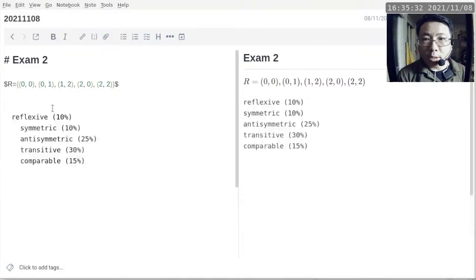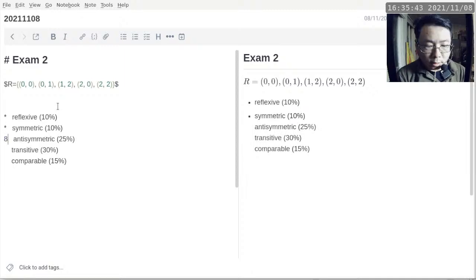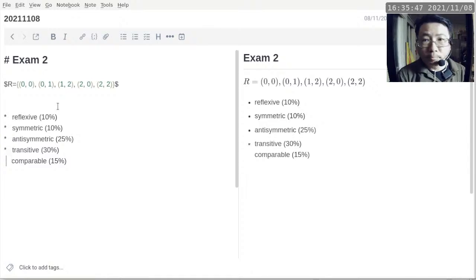Let me see how it's going to be pasted. Doesn't quite work, right? That's okay. We'll just put an asterisk here. There we go.